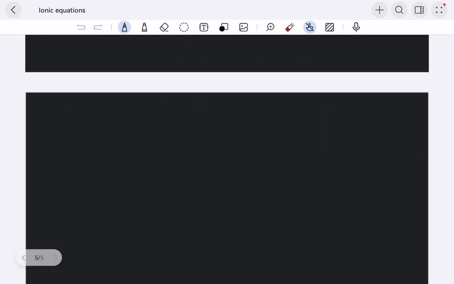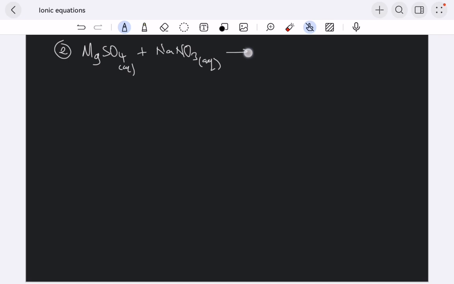Let's look at another example, which we're going to call example number 2. Let's say magnesium sulfate aqueous plus sodium nitrate aqueous. So this is a double displacement.